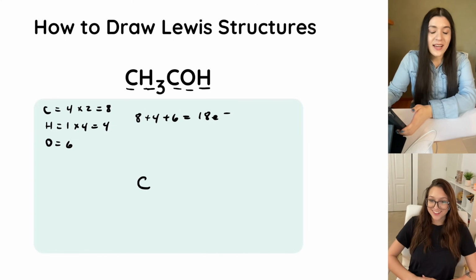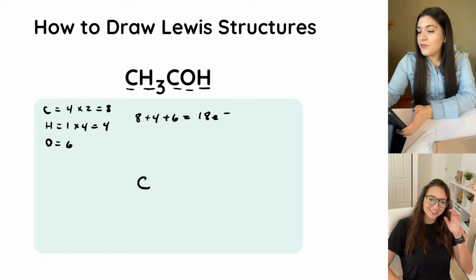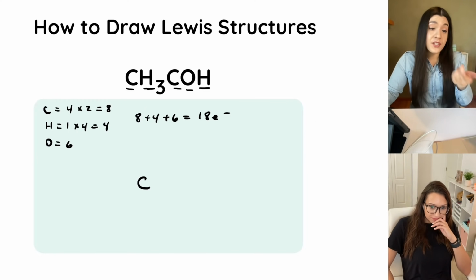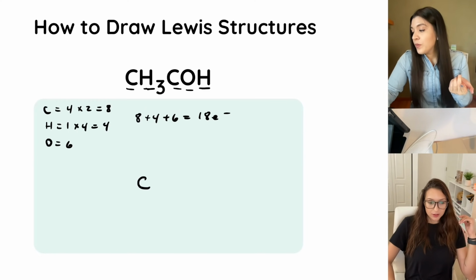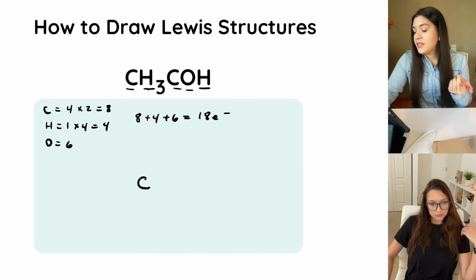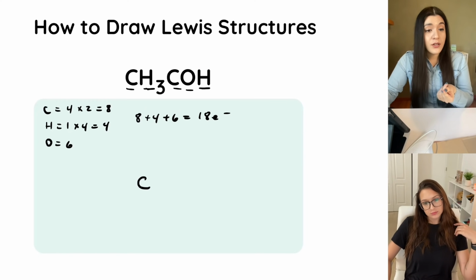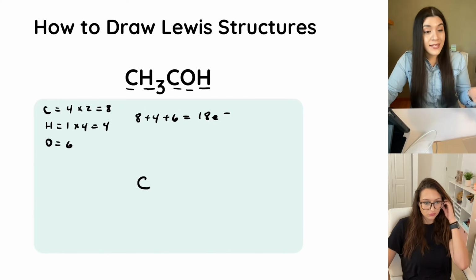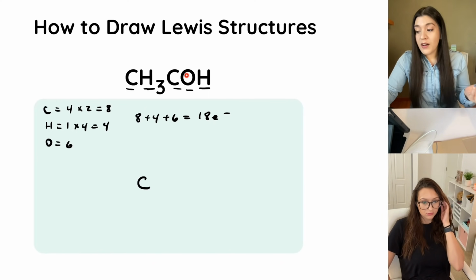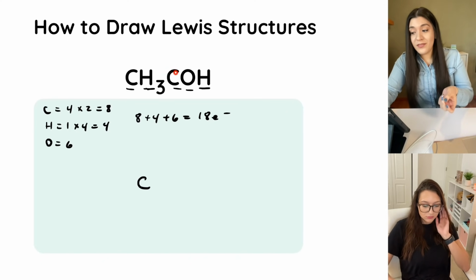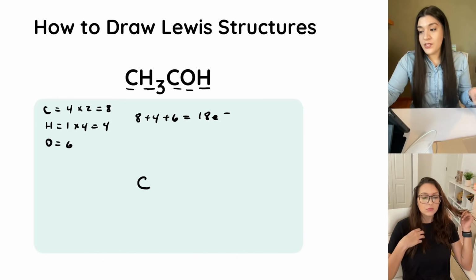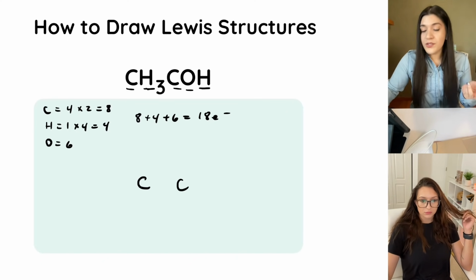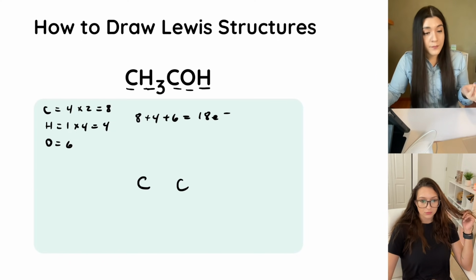Yes, we can. This goes back to the rule I was talking about: if I'm trying to decide whether carbon or oxygen is the other central atom, which one is the least electronegative? Oxygen is the most electronegative and carbon is the least electronegative. So I know the other carbon will also be a central atom.